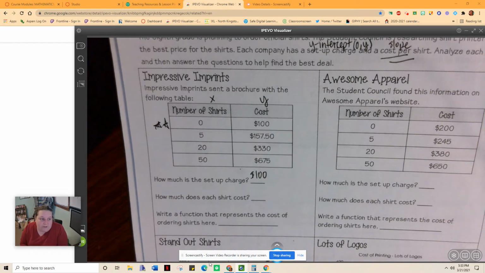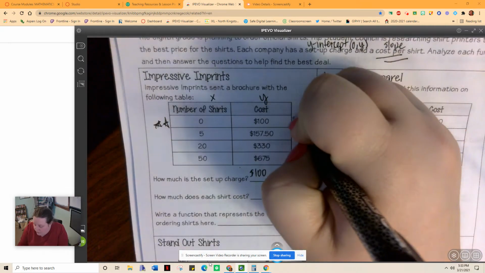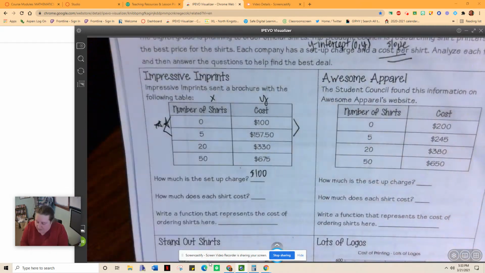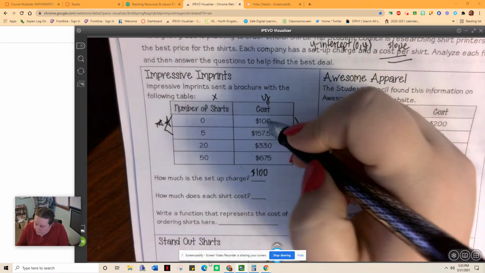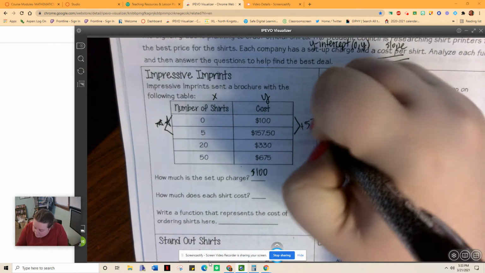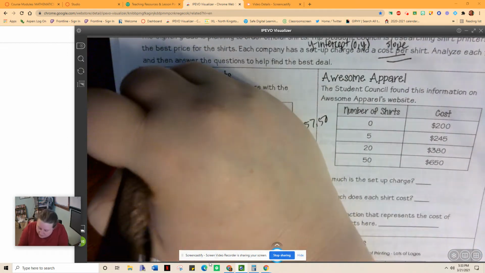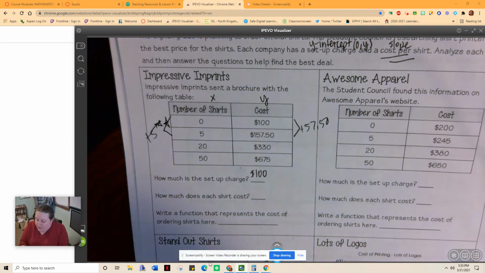Okay. So how much does each shirt cost? This is where you have to find the slope. Now, when you're working with a table as a review, you can pick any 2 points you want to use, any 2 sets of coordinates. Typically, I like to stick with smaller numbers, but once again, you can use any 2. So I'm going to use these 2 right here. So this is adding $57.50, and this is adding 5.